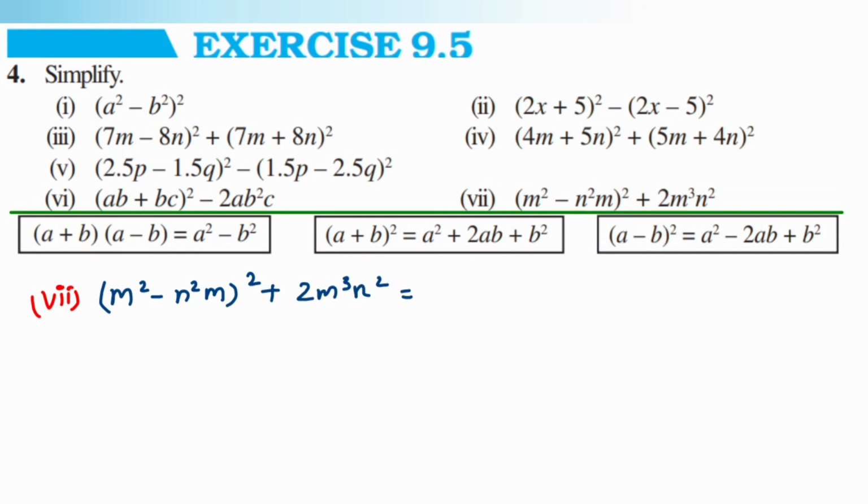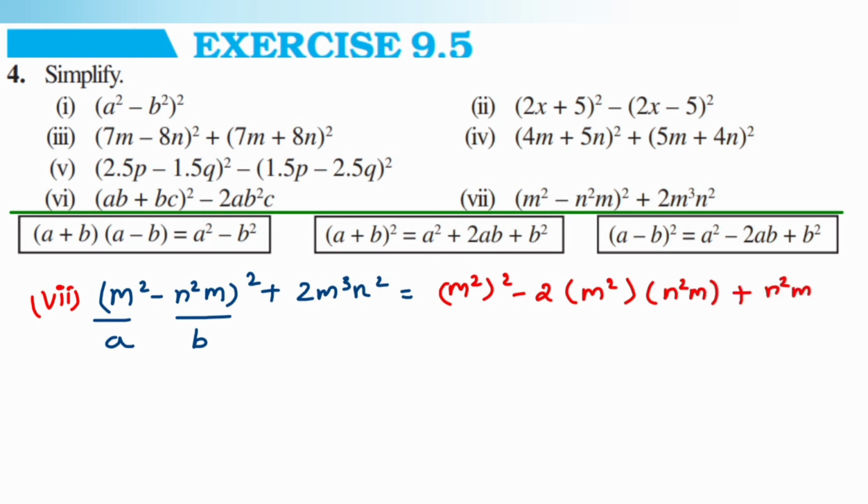So the a value will be m² and the b value will be n²m. So we'll get a², so (m²)², minus 2ab, so 2 × m² × n²m, plus b², so (n²m)², plus 2m³n². It is given in the question.